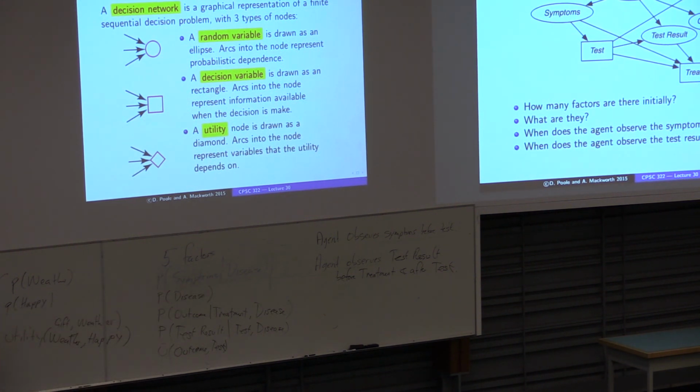We don't have cycles in this thing. We don't get to see things that happen in the future. Does that make sense? Questions? Yes? Are the symptoms also observed before treatment? Yes, the test happens before the treatment. You observe the symptoms before the test, you do the test, and then you do the treatment.